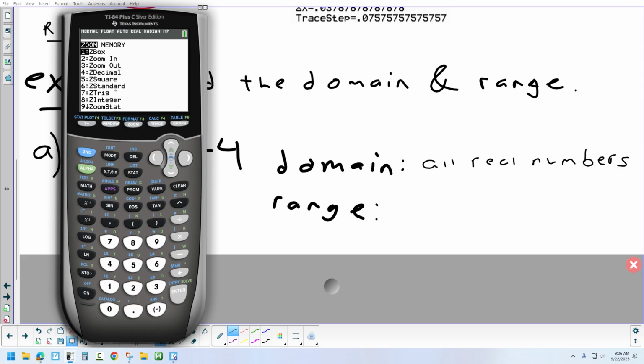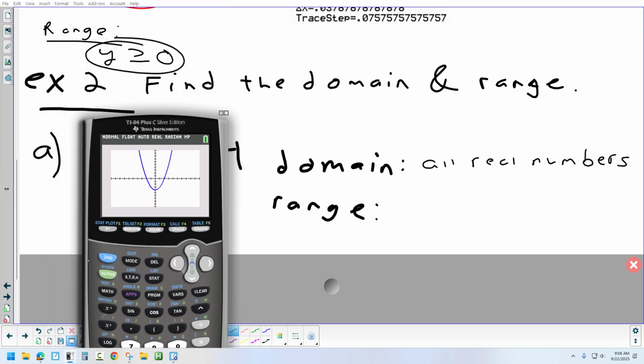But I just want to reset it so I can start over. So zoom 6. And actually, that's perfect. That's a good window. Because now I can see the U shape of the parabola. Okay, so when you're graphing a parabola, it's important you can see that it's symmetrical and where it bottoms out. Okay, so we've got the domain, all real numbers. This parabola is just going to keep going left and right forever.